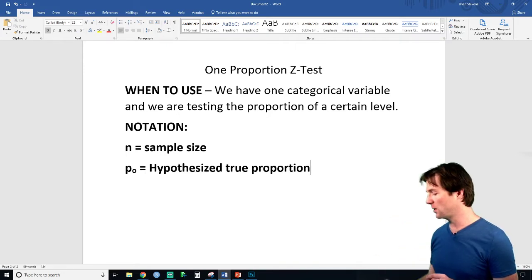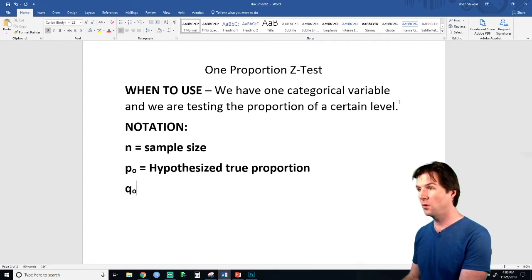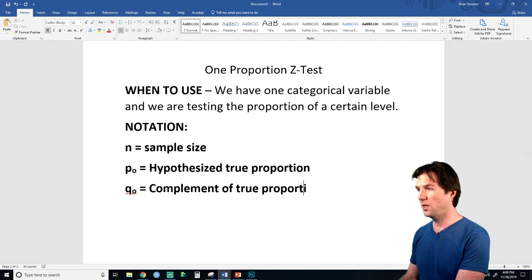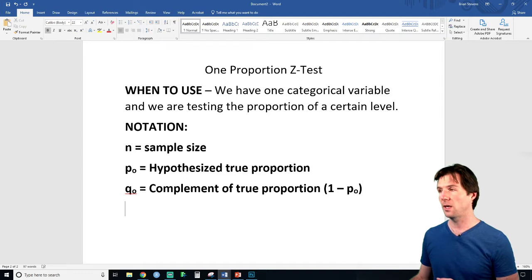So P naught is the hypothesized true proportion. We also have Q naught. I guess we should mention that if people sometimes wonder what Q naught is. Q naught is the complement, complement with an E, I believe, of true proportion. It's just 1 minus P naught. That's what we mean by complement. It just adds to 1, so there is P naught and there is Q naught. That's how they are found.